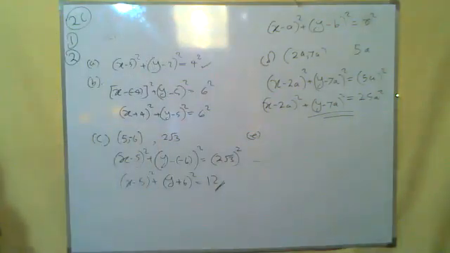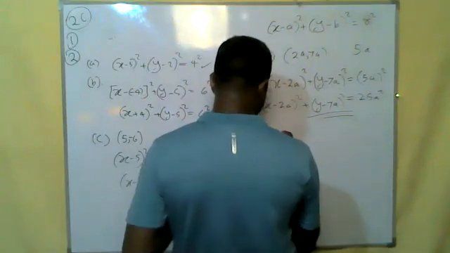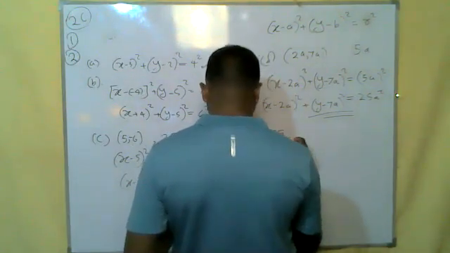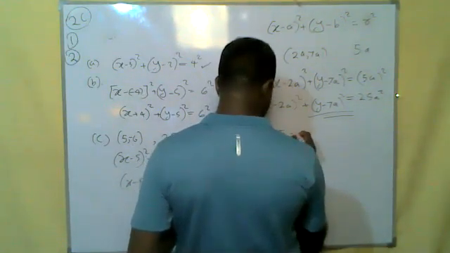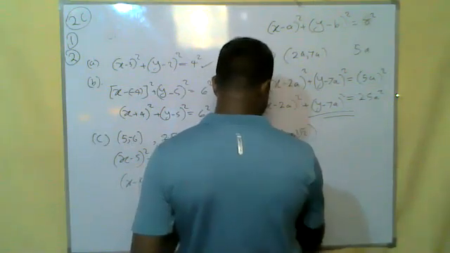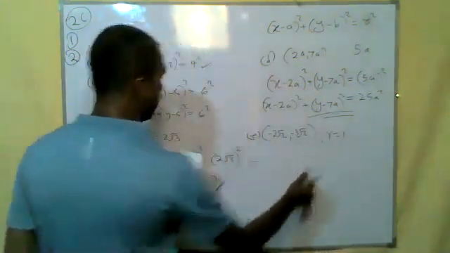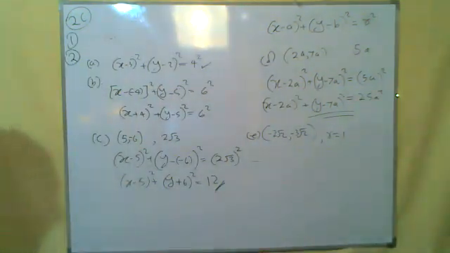What is it going to be? E. The center is (minus 2 root 2, minus 3 root 2), and the radius r equals 1. How can you write the equation?